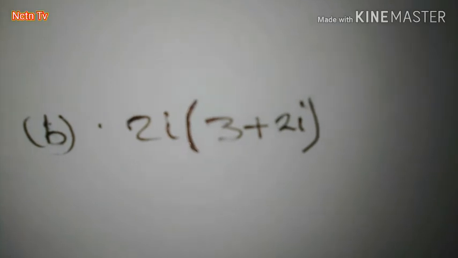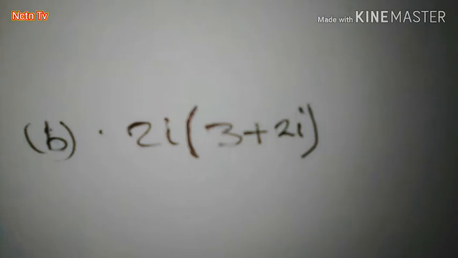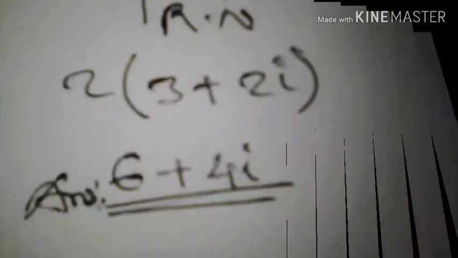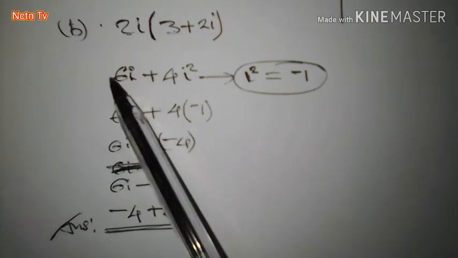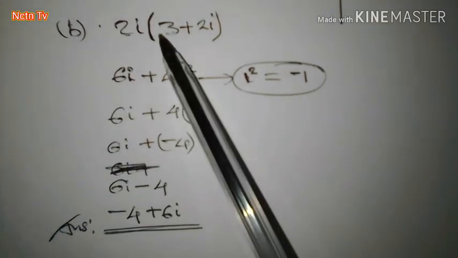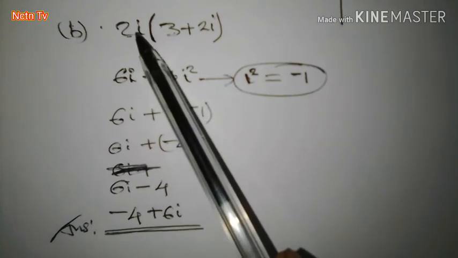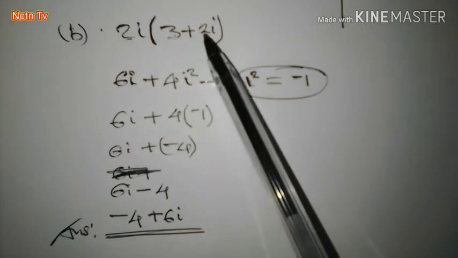Consider pausing the video and try it so that you see how you're going to work on it and you compare. So this is how to do it. 6i plus this one, which is coming from multiplying this one and this one, and this one and this one.